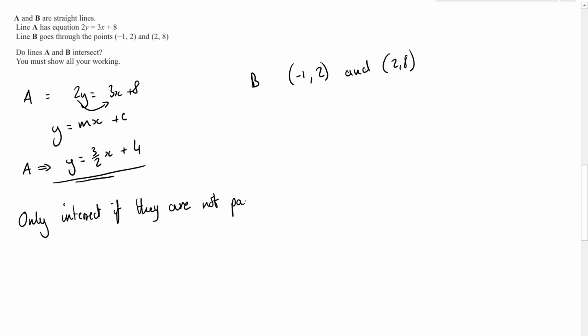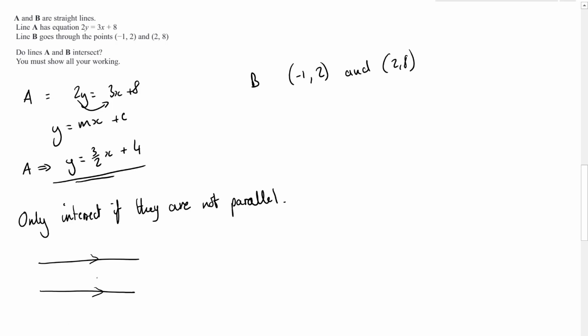Parallel meaning that we have two lines that look like this. Now, we're probably familiar with this idea. If we have parallel lines, they go like this and they will never ever touch each other. They're constantly always the same distance apart, and they're never going to overlap at any point.